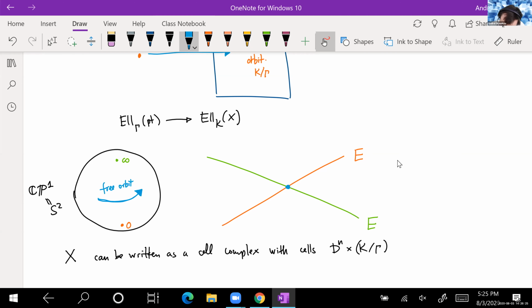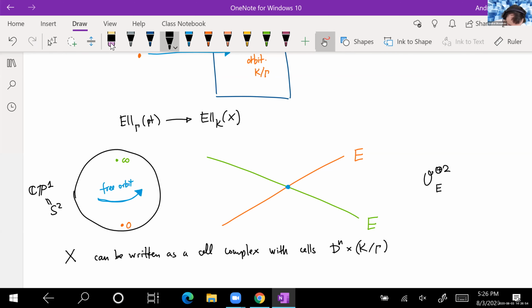Here, the way the space is constructed, I have my structure sheaf of the elliptic homology. What does it look like? If I have two free orbits, I have two structure sheaves of elliptic curves, and then they are glued at a point.